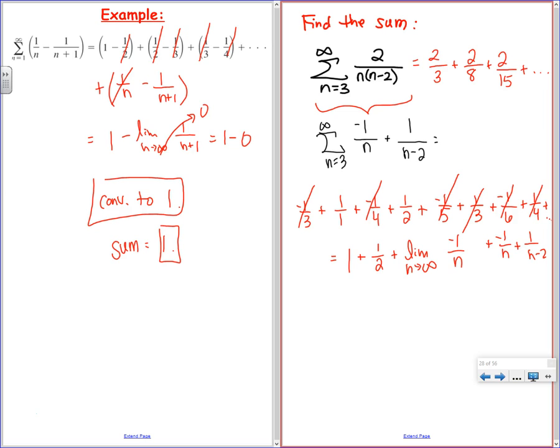The negative one stays. The positive one cancels with the previous negative one, so this negative piece would be in the nth term. So I'm taking the limit as n goes to infinity of that, which is, of course, 0, and 1 plus 1/2 is 3/2.